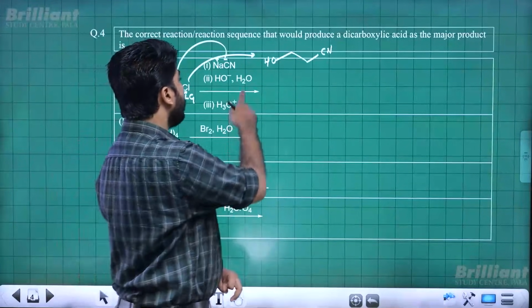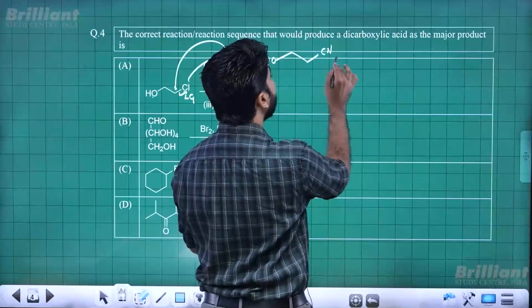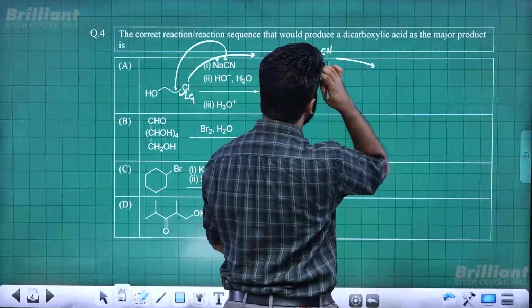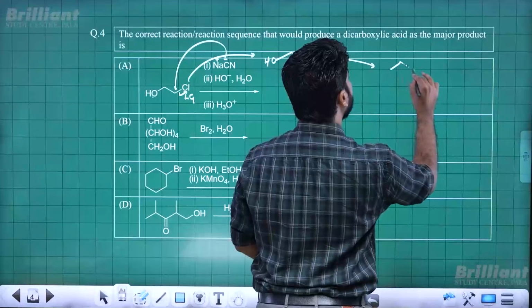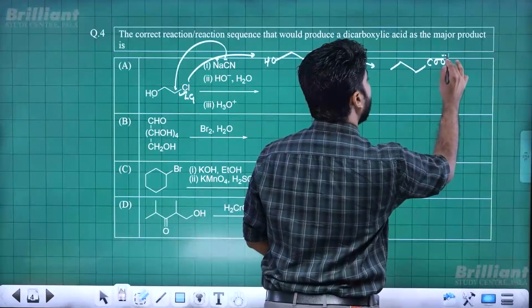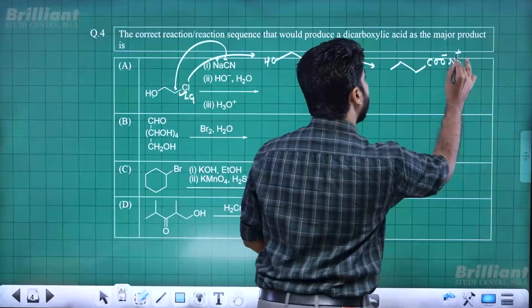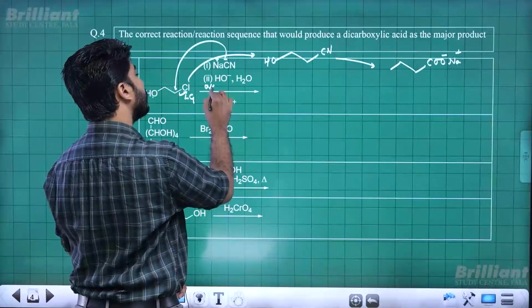Later we are applying dilute NaOH on it. We know nitrile undergoes hydrolysis to form a carboxyl unit. Let's assume the cation is Na plus.